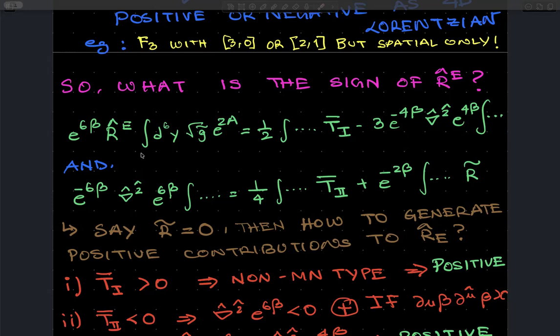Sorry, maybe I'm confused by your language. The strong energy condition is not something that you need to check on the solution. It has nothing to do with whether the solution is time dependent or not. It's something about the action, right? You check it once and for all, and then you play with the action. Well, it's a condition on T mu nu.